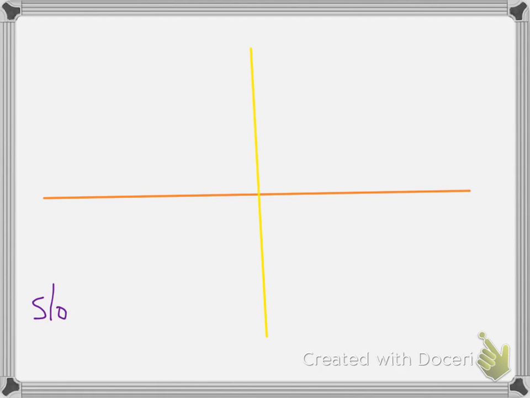So to draw that, you would have your barrier, your normal. This is going to be slow. This is fast. So we're moving from slow to fast.